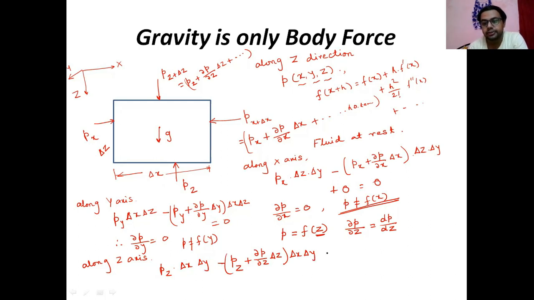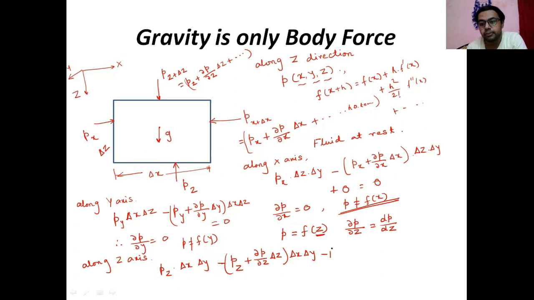That is the surface force. Plus body force is acting. Body force is in the opposite direction, so minus. Body force per unit mass is g, or gravitational acceleration, we know it. So what is the mass of this system?